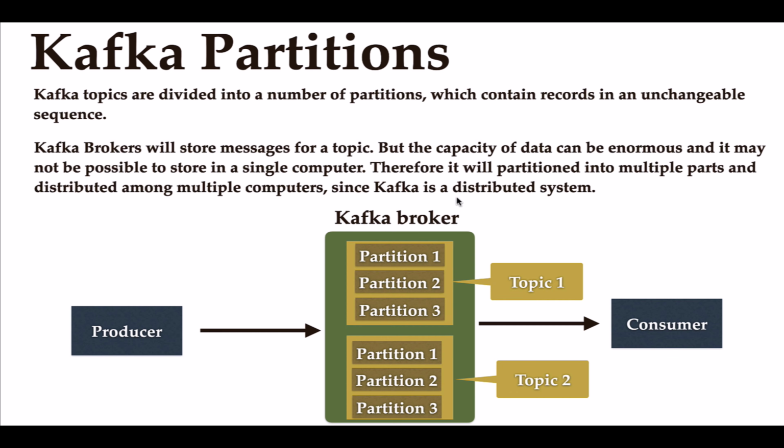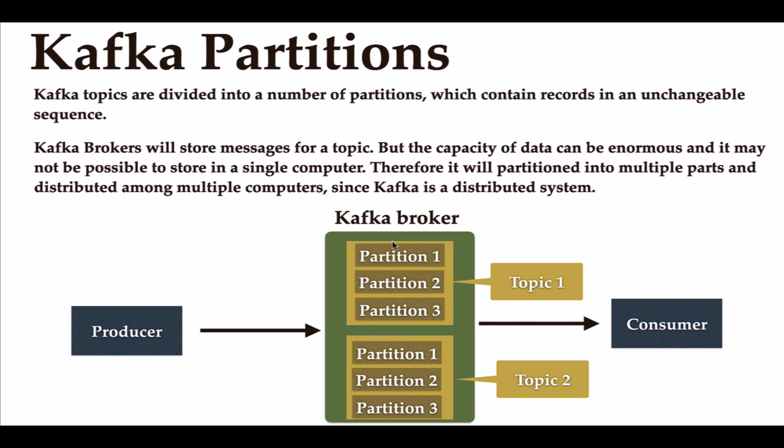So whenever we have a large amount of data, we can divide it into partitions and distribute it among multiple Kafka brokers in a Kafka cluster, right? So this is how the partitions look. Just remember, a topic is further divided into partitions so that a huge amount of data can be divided among multiple partitions.